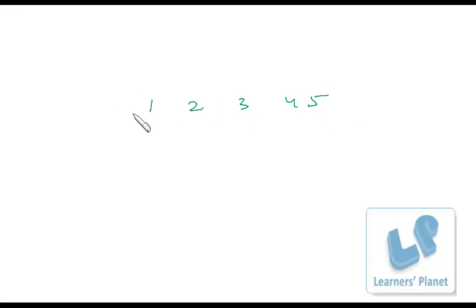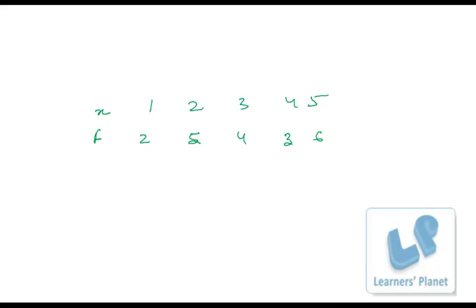Now these are the numbers and I assume this to be x and this is their frequency. 1 is appearing say 2 times, 2 is appearing say 5 times, 3 is appearing say maybe 4 times, 4 is appearing say 3 times and 5 is appearing say 6 times.